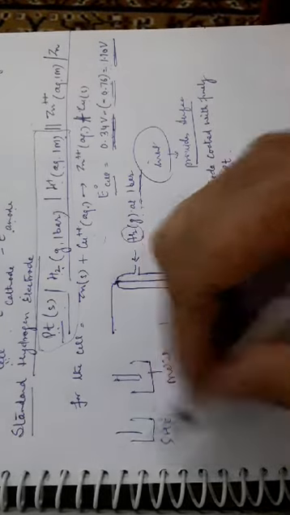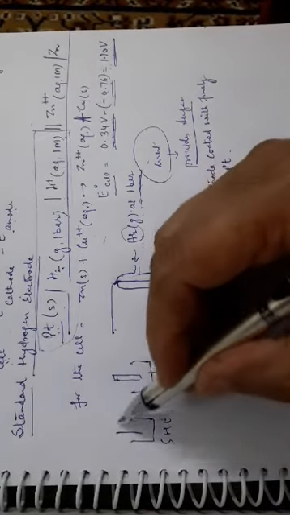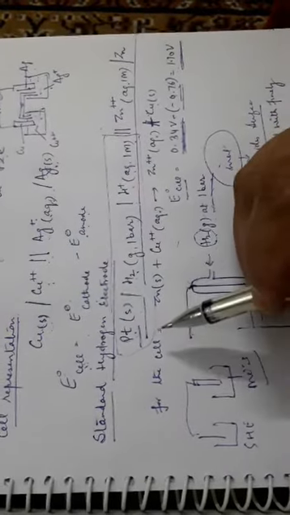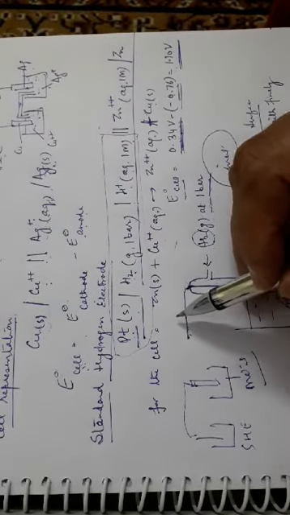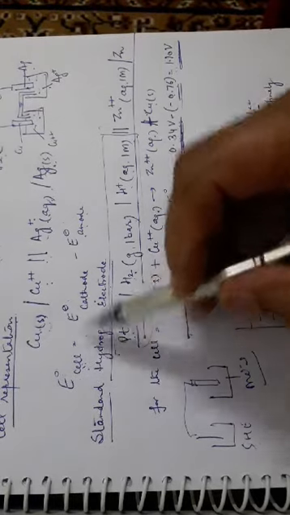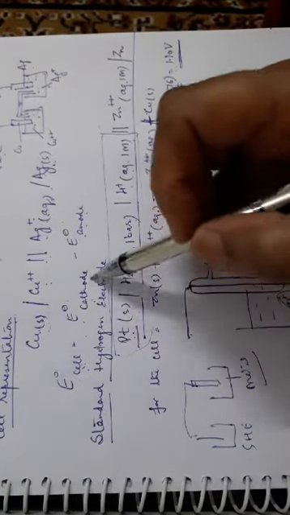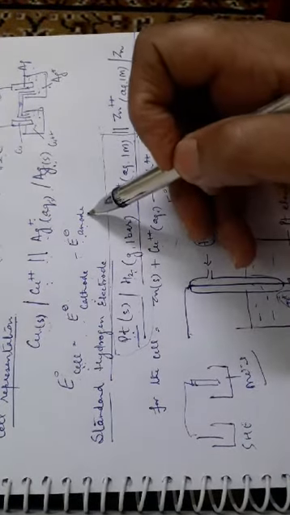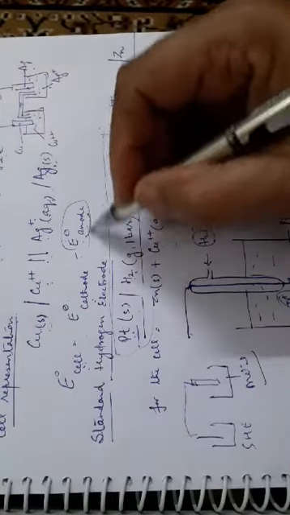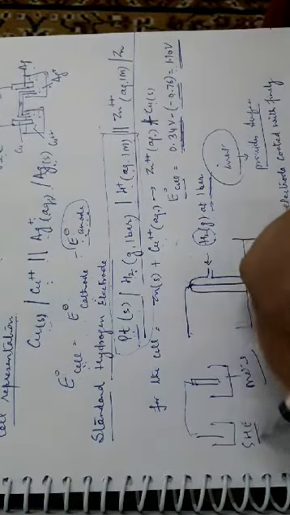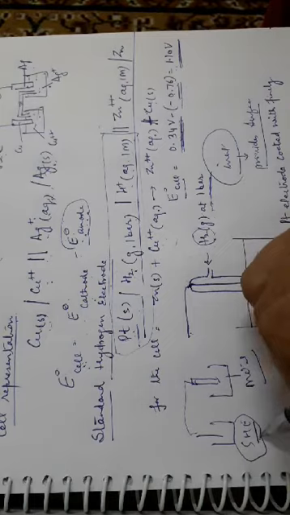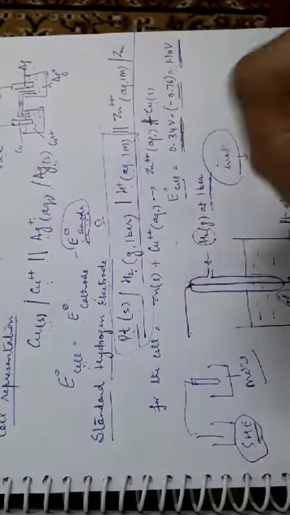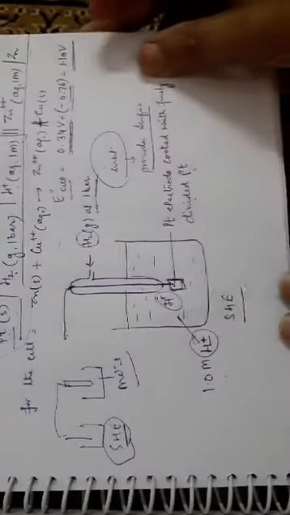So this is taken on the left hand side and this is taken on the right hand side. Now in order to find out the electrode potential of any electrode, what we do? We take E naught cathode minus E naught anode. Now what is anode? E naught anode, as we have taken standard hydrogen electrode as anode, this value is 0. So we put the values.